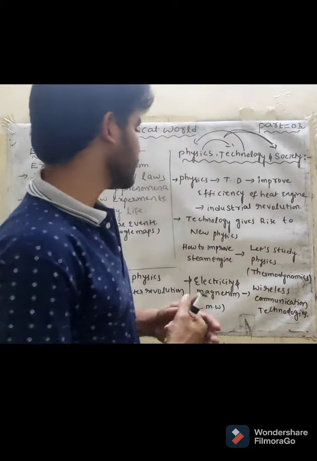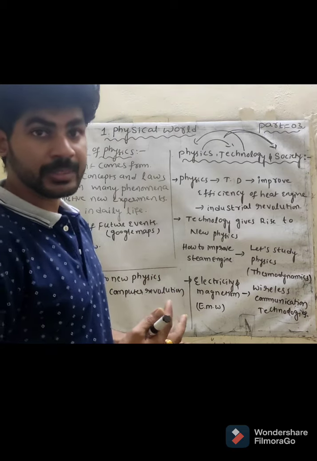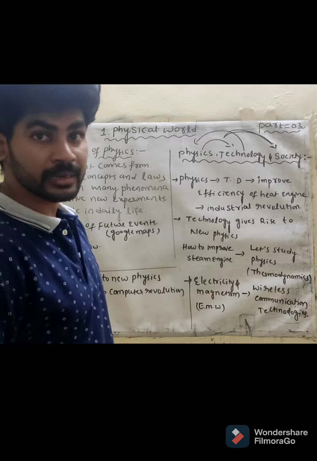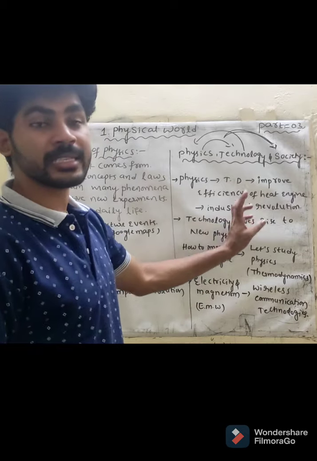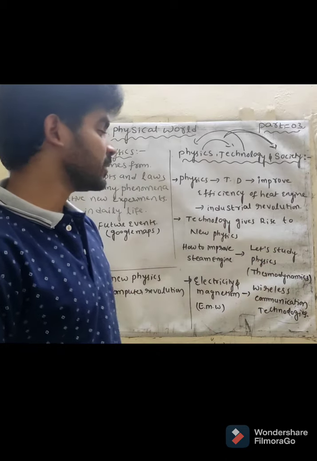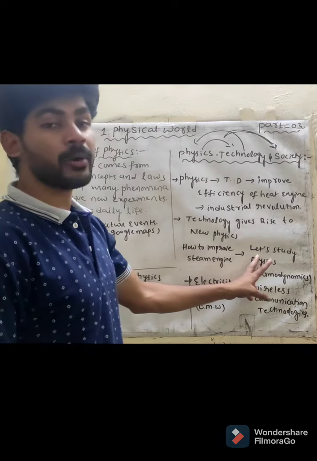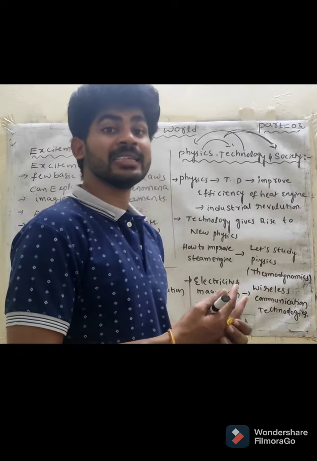And next, technology gives rise to new physics. How does technology give new physics? We are improving the steam engine, so let's study the physics of thermodynamics. We improved the steam engine and made electrical engines.